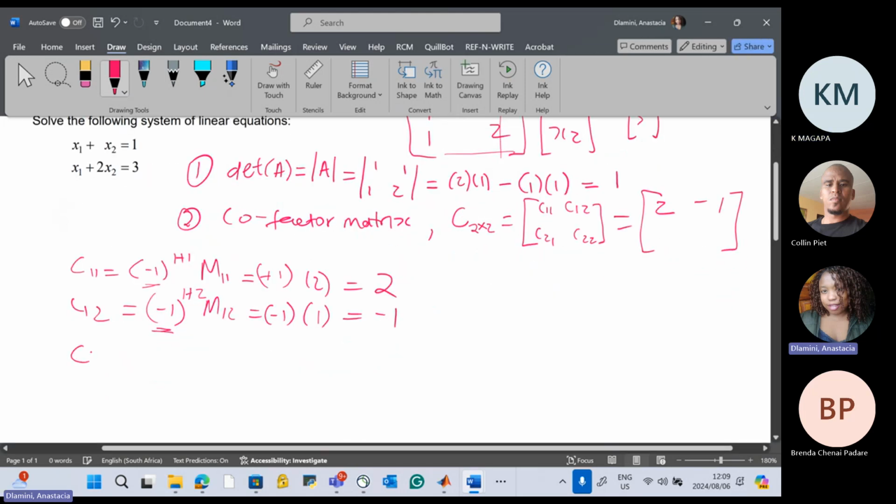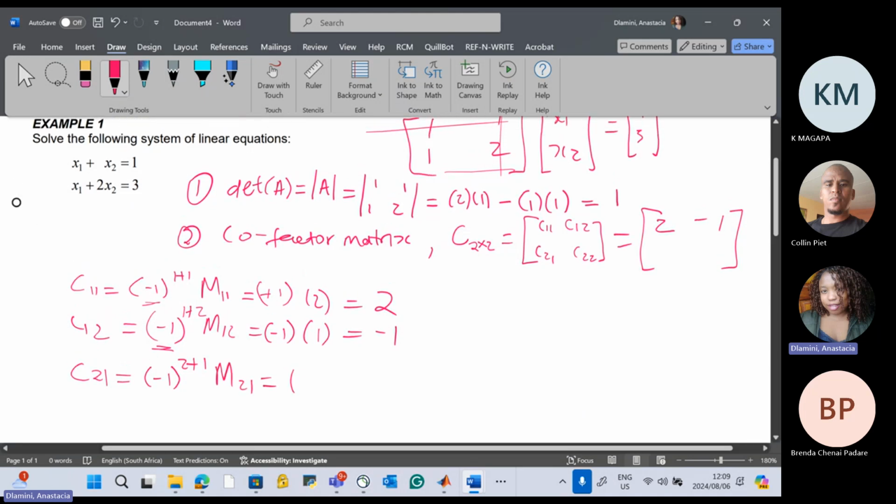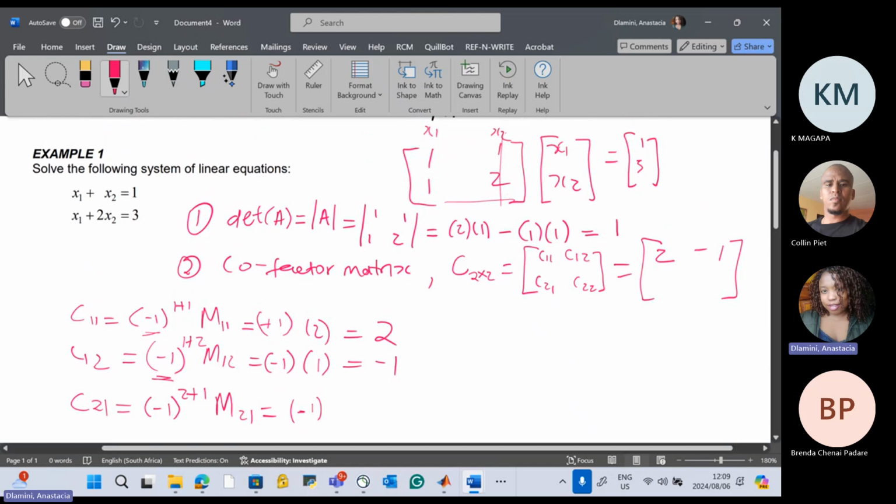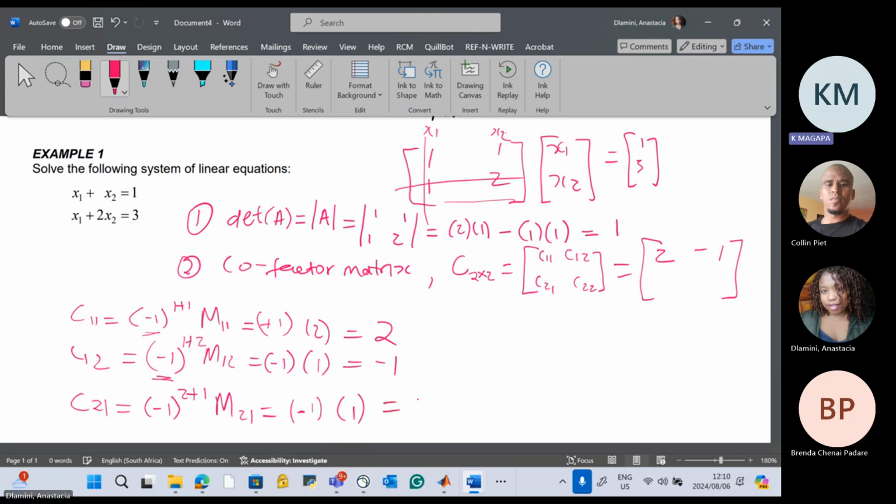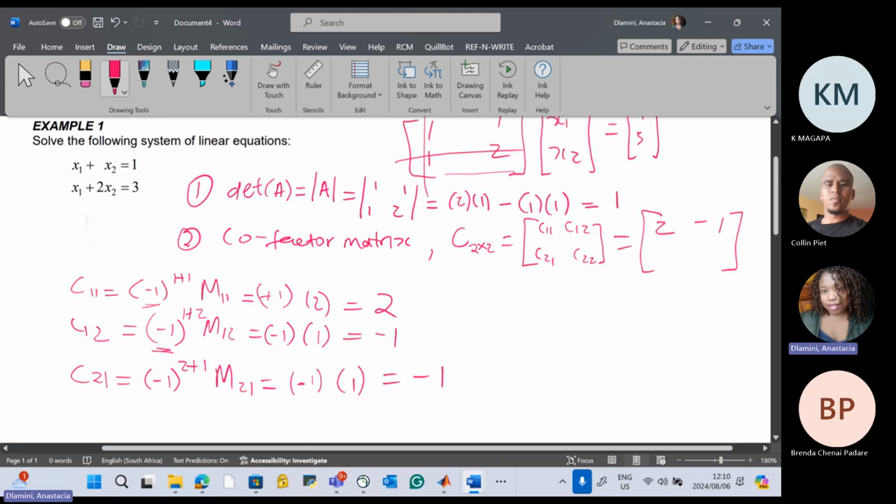Then C21, second row, first column: negative 1 to the power 2 plus 1, times M21. We cancel the second row, first column, and we are left with 1. So this is also negative 1.